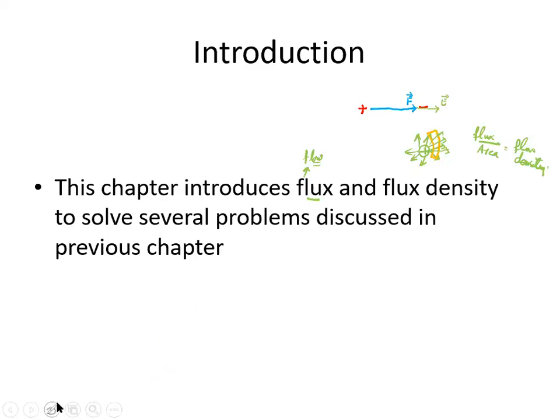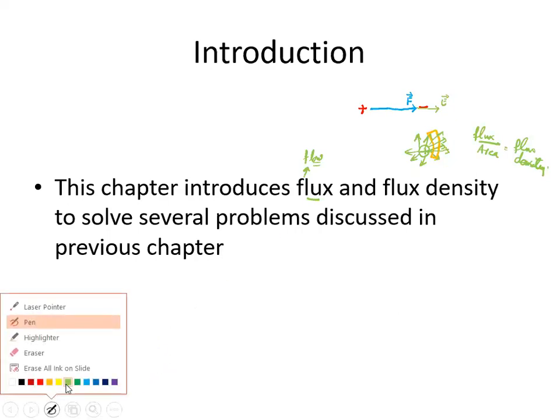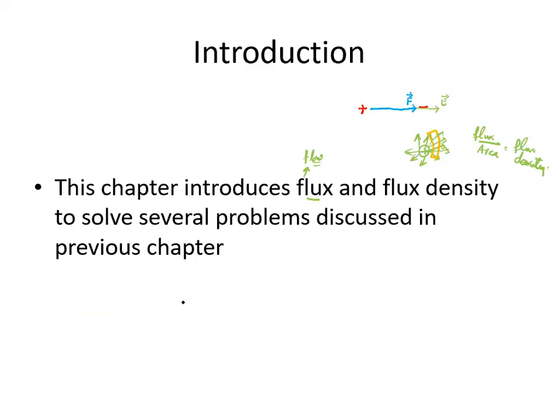That is the flux which is flowing through an area in space, for example, or area of any object. So electric flux flowing through a certain area is called flux density.